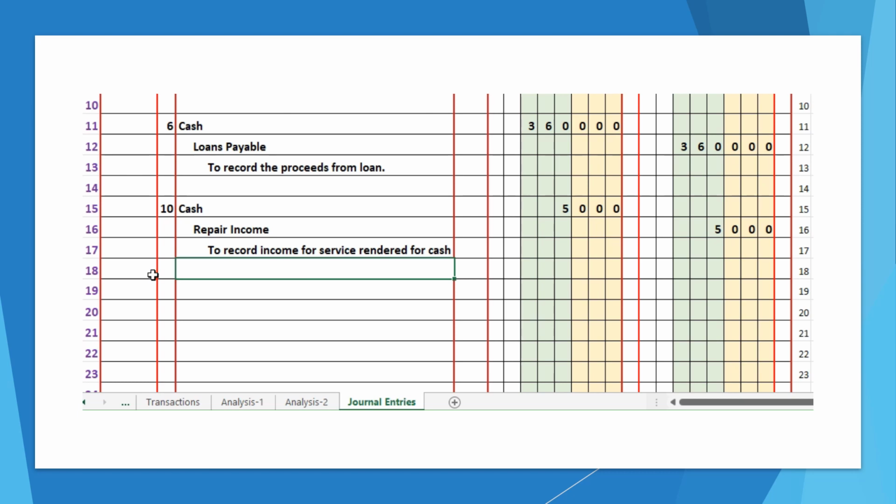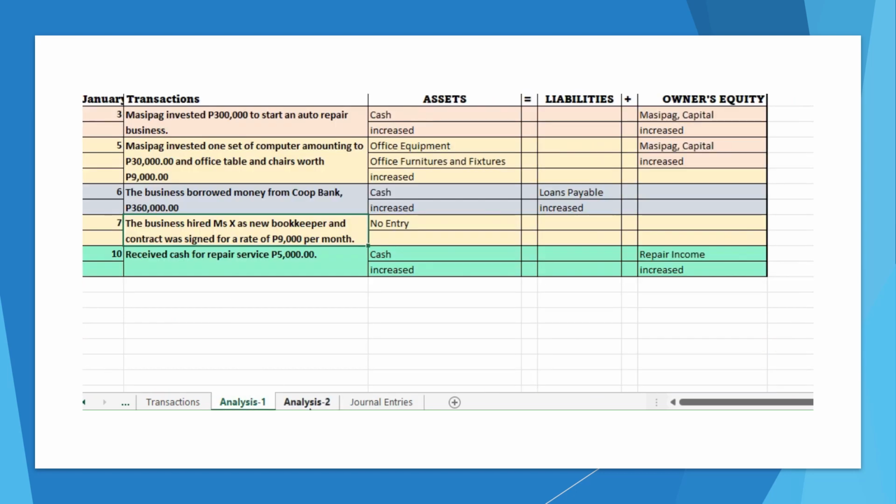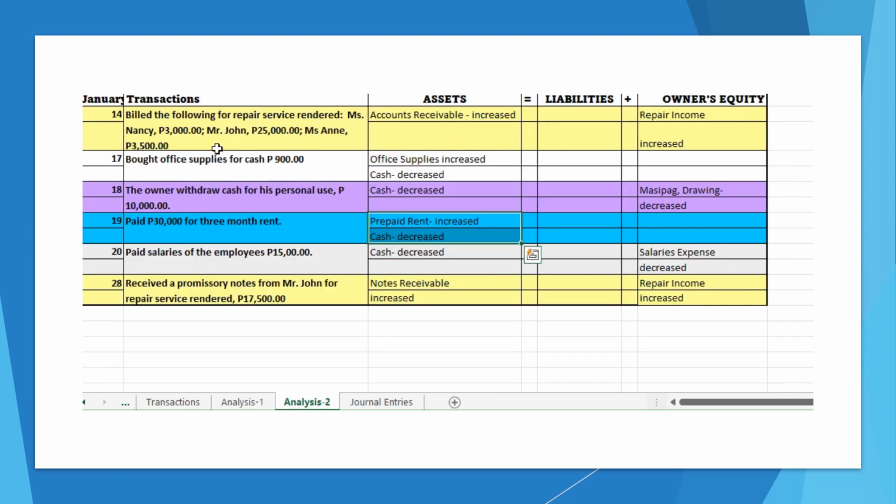Okay, next. What happened on January 14? Okay? So, billed. So, accounts receivable. How much is this? 3,000 plus 25,000 plus 3,500. Okay, we computed it as 31,500. So, this is an example of accrued transaction, accrual.